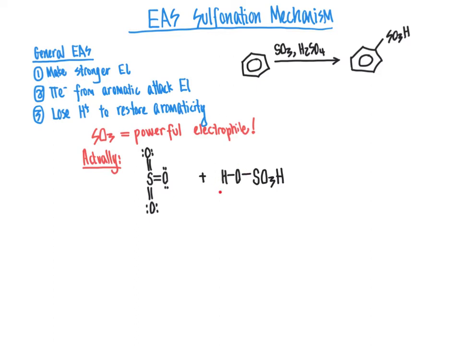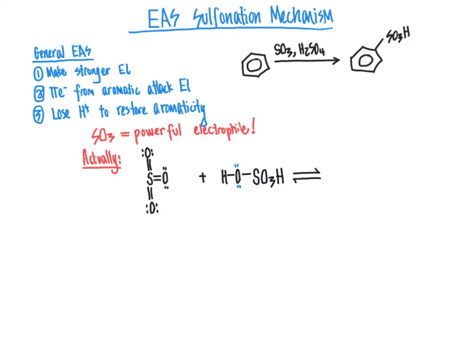If you draw out the Lewis structure for sulfuric acid, you would see a hydroxy group in there. And the reason I'm doing that is to illustrate that what can happen in this reaction is there will be an equilibrium, if you're using fuming sulfuric acid, that corresponds to the reversible reaction of our SO3 with our sulfuric acid, H2SO4.